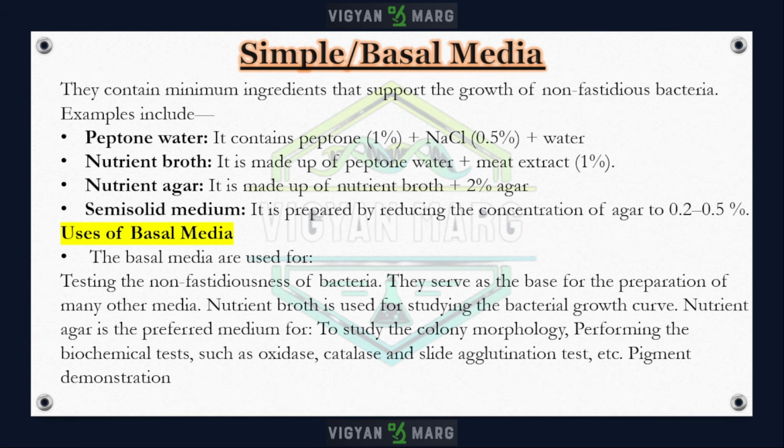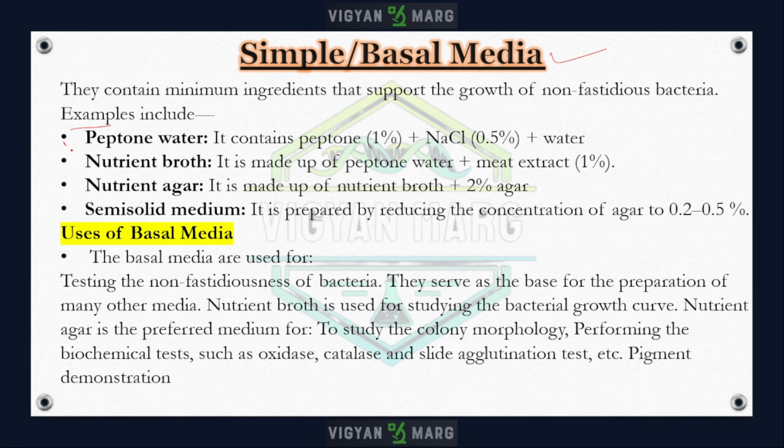Let's begin with the simple or basal media. Okay, this is the simplest form of media. This media contains the minimum ingredients required to support the growth of non-fastidious bacteria, or organisms that do not have complex nutritional requirements.